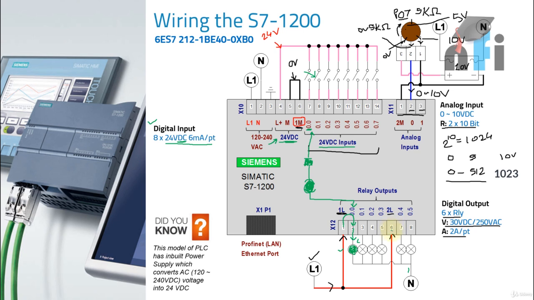Similarly, if I have connected line to pin number 6, if my output 4 is on, this line will travel to the 7. If 5 is on, this line will travel to the 8. If 4 is on, this 0.2 is on, this line will travel here. So the signal you provide to pin number 1 will come out to 2, 3, 4 and 5 only, not 7 and 8, because those are dependent upon 6.